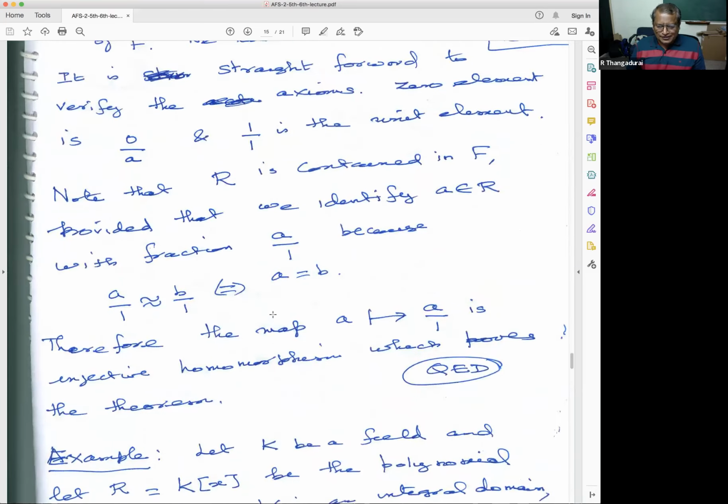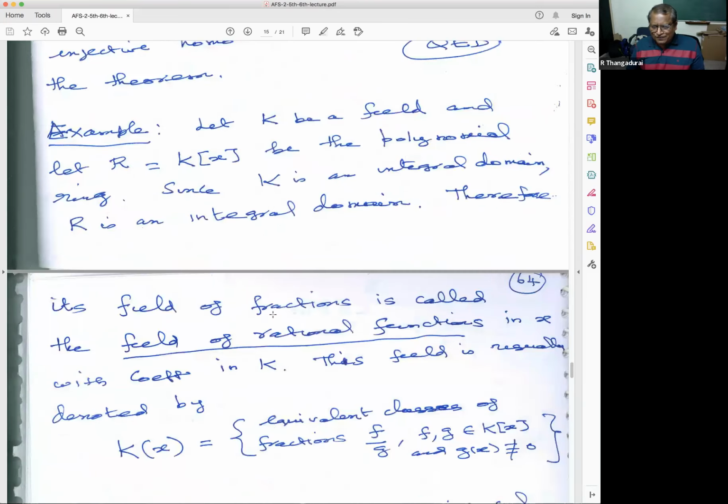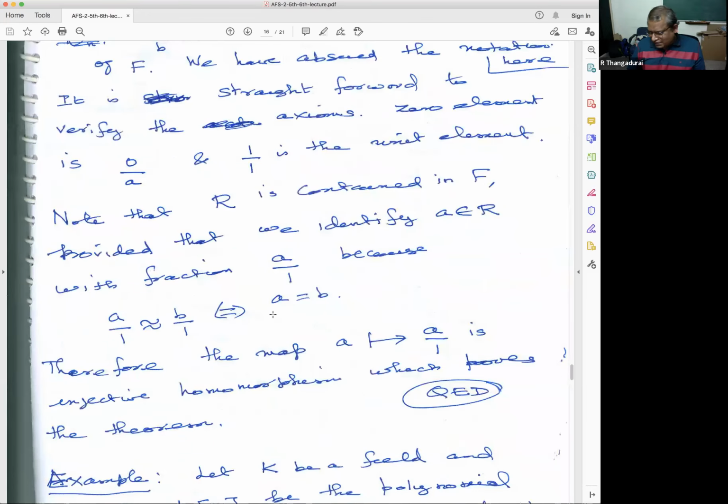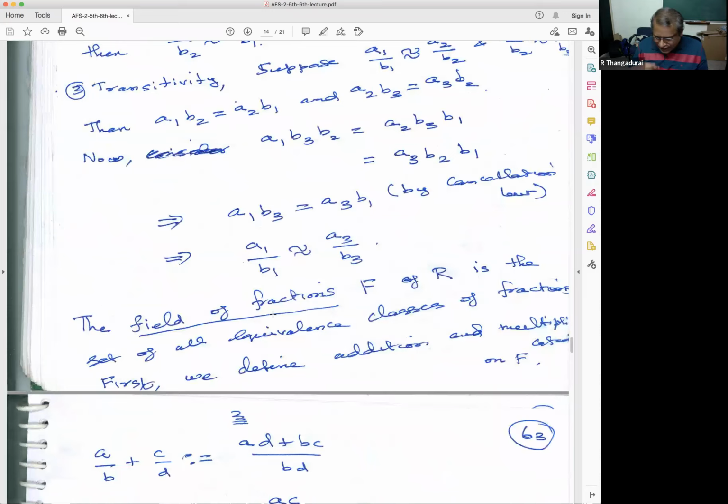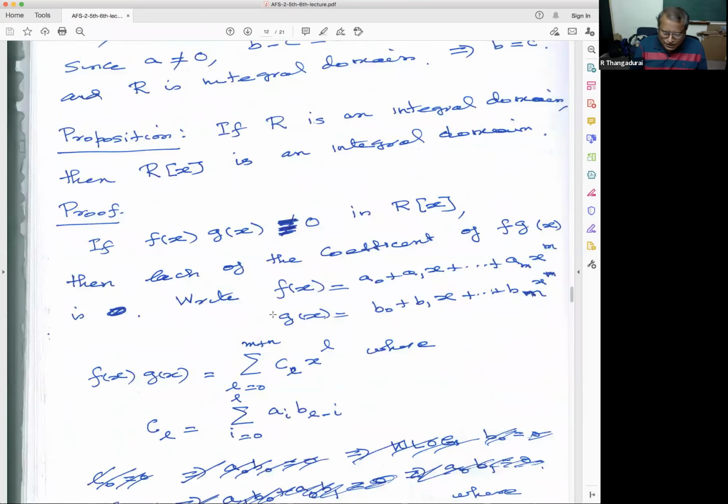I stop here. So far we have extended the ring by adjoining some new element. When we adjoin inverses of some zero divisor, it was creating a problem. Therefore, we chose a class of rings called integral domains. In an integral domain, there is no zero divisor, so we can adjoin inverses.